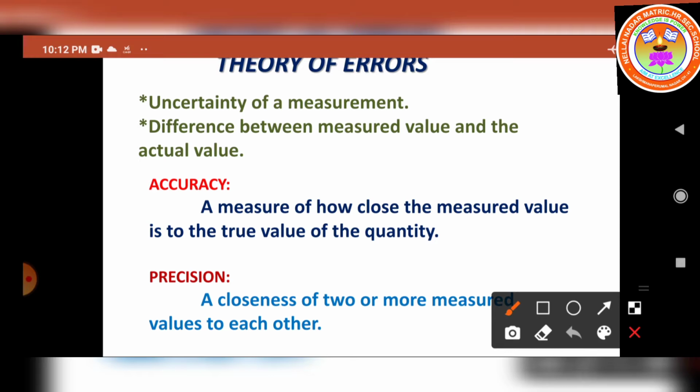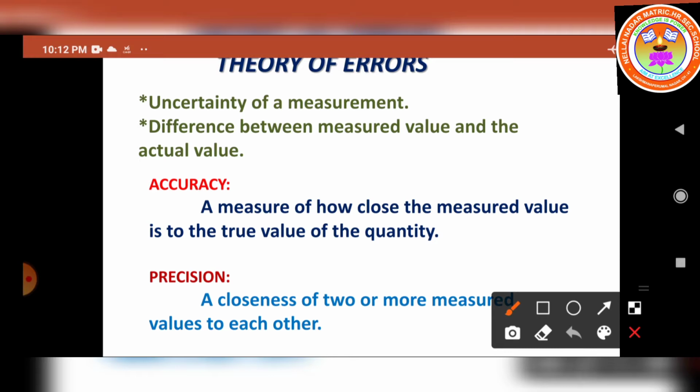In measurements, two different terms, accuracy and precision, are used and need to be distinguished at this stage. So, what is accuracy? A measure of how close the measured value is to the true value of the quantity is called as what? Accuracy.